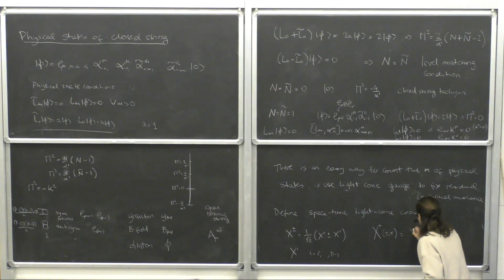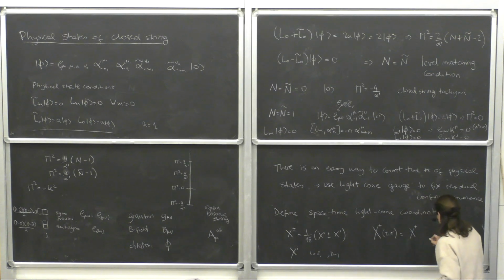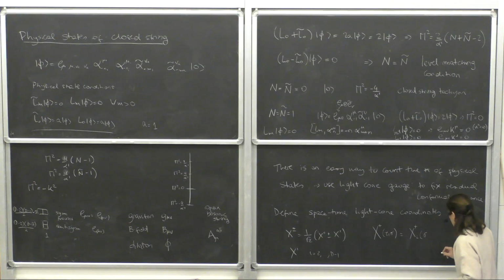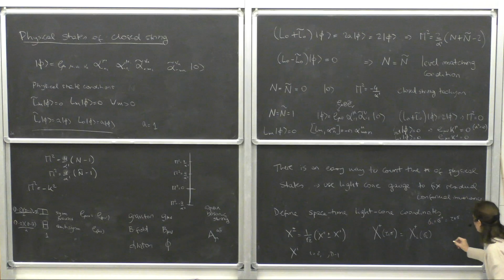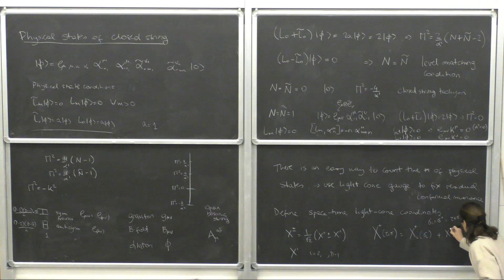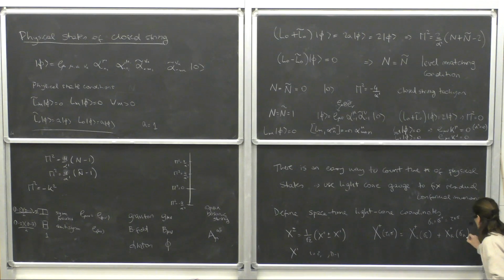This decomposes into an x plus left that depends on sigma left, which is what we call sigma plus, so tau plus sigma, and an x plus right that depends on sigma minus, which I call sigma right.